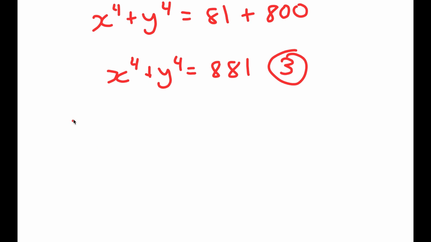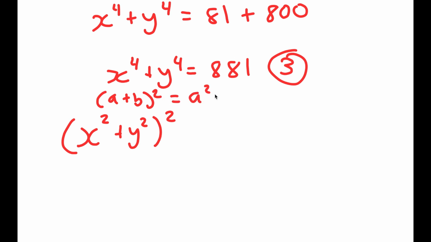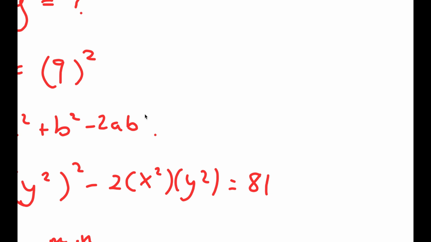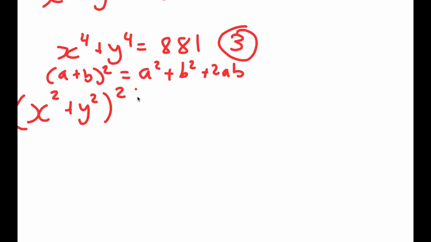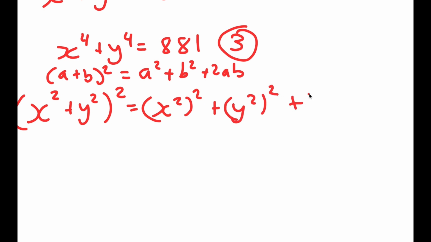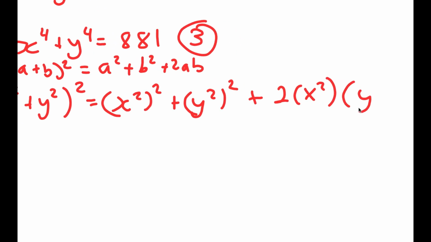Now, I have (x squared plus y squared) squared, because if I have something in the form (a plus b) squared, this is equal to a squared plus b squared plus 2ab. So I'm going to square x squared plus y squared, like our first equation, but instead of minus, it's plus. So this turns into (x squared) squared plus (y squared) squared plus 2ab, so 2 times x squared times y squared.